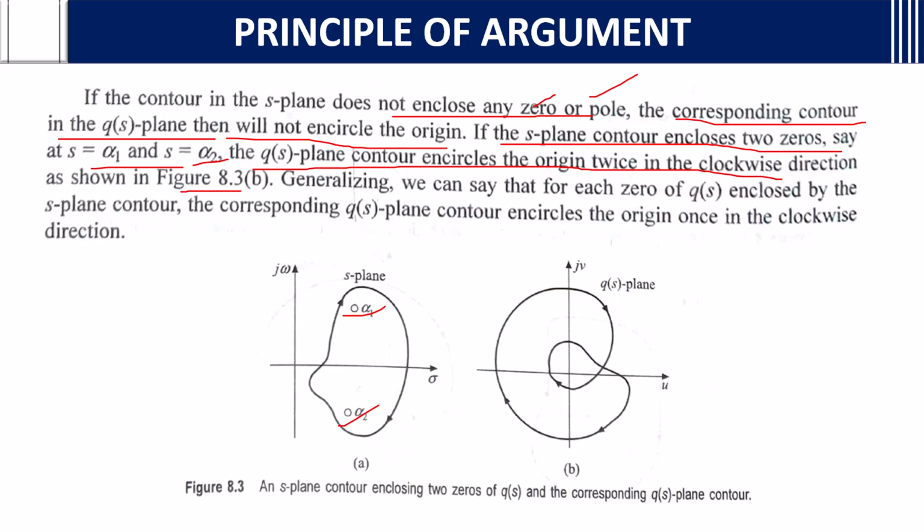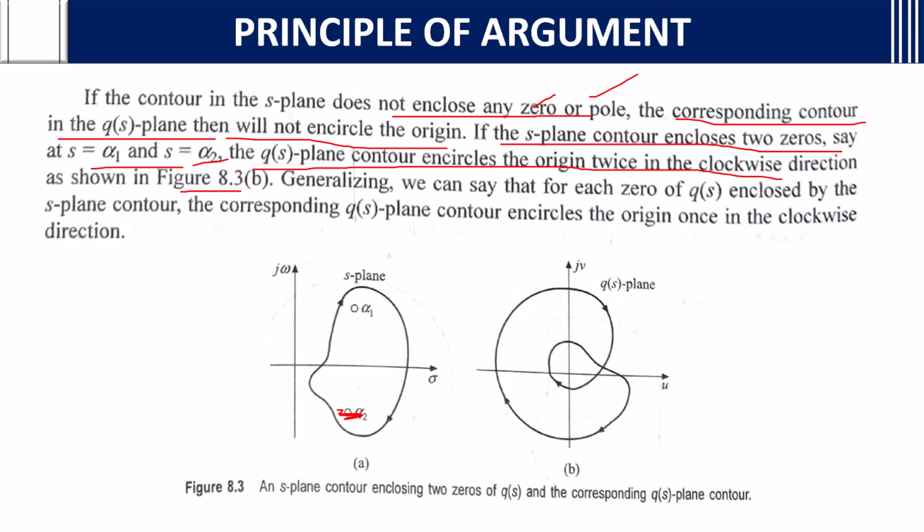So generalizing, we can say that for each zero of Q of s enclosed by the S-plane contour, the corresponding Q of s plane contour encircles the origin once in the clockwise direction. If one zero is present in the S-plane contour, it will encircle the origin once in the clockwise direction.